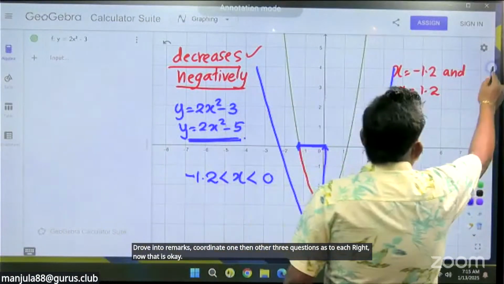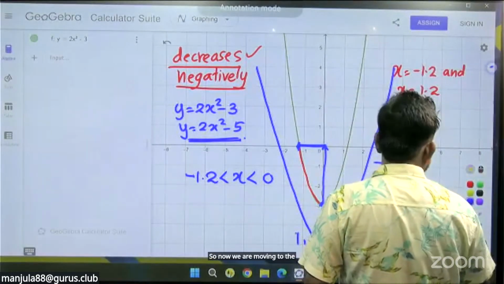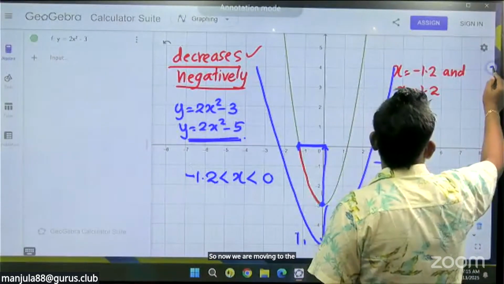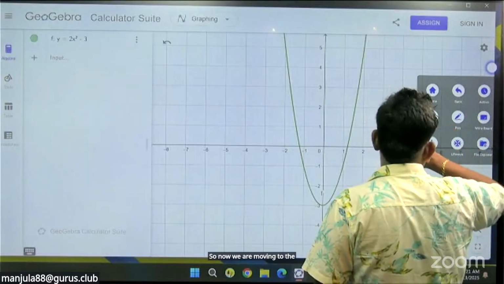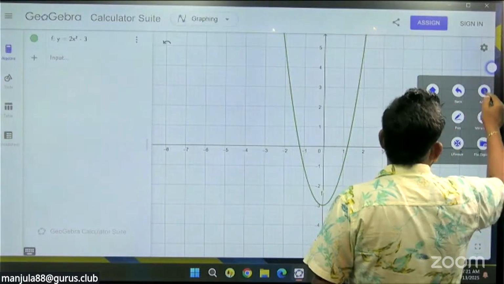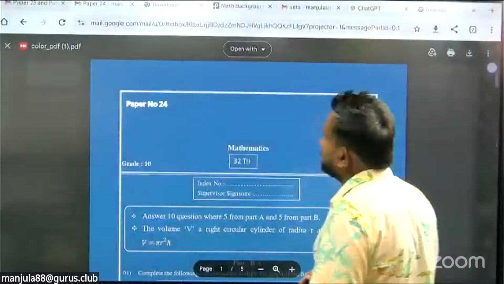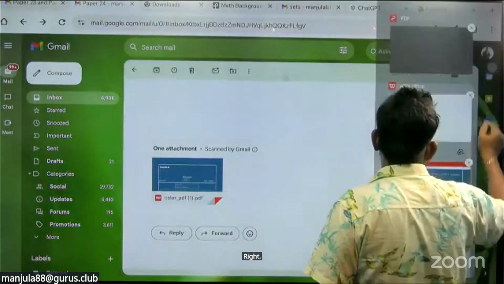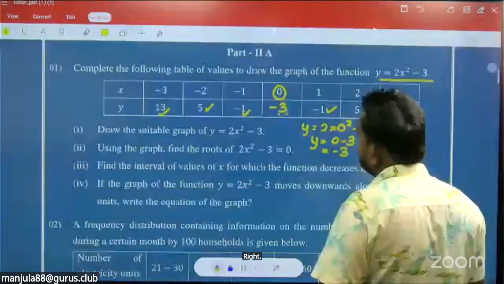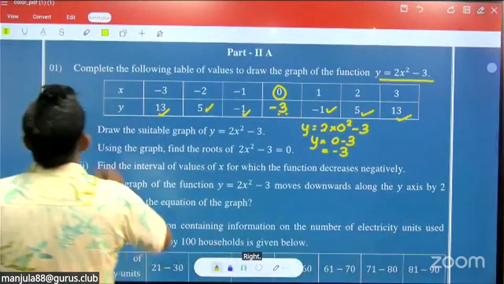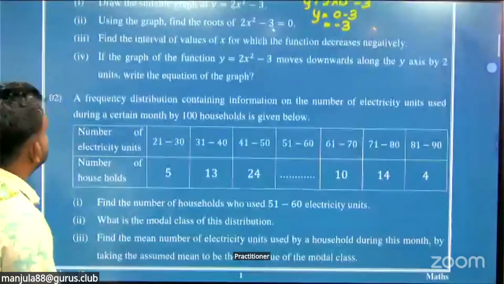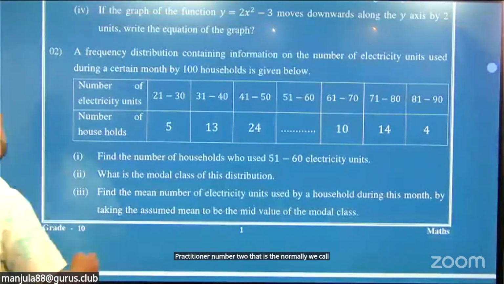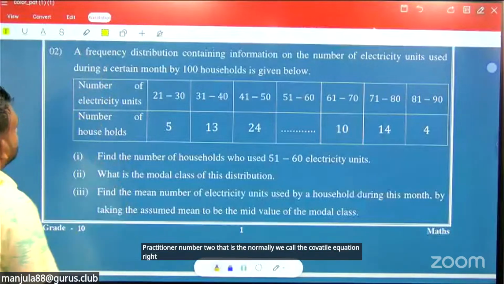So now we are moving to question number 2, that is normally what we call the frequency distribution question. Everyone can do this question.